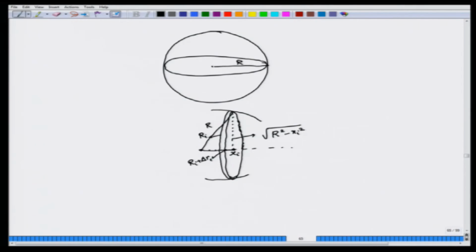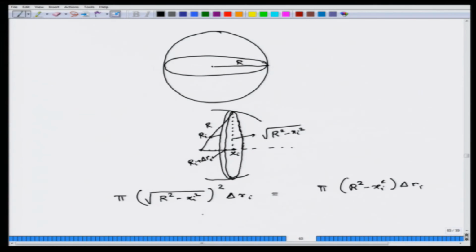Okay. So, now what is the area of this circle? The area of this circle is actually root over r square minus xi square, whole square, into pi, and the volume of the cylinder is nothing but this little distance, which is delta Ri. Basically then we have pi of r square minus xi square delta Ri.